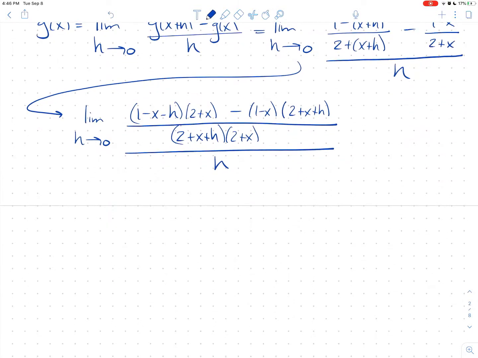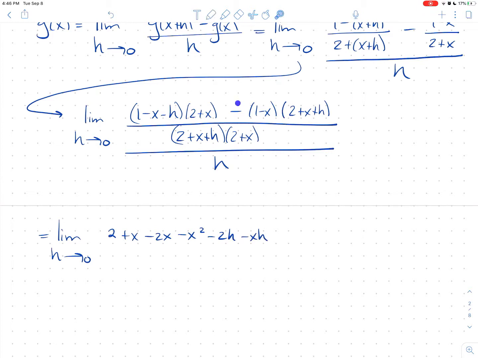So now, as if life wasn't bad enough, I need to FOIL all of these things out. And so here we go. Let's do it. So I'm going to get the limit as h goes to 0 of, I'll go each one of these two like that. So 2 plus x minus 2x minus x squared minus 2h minus xh.